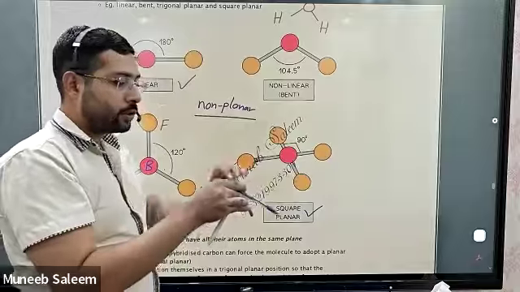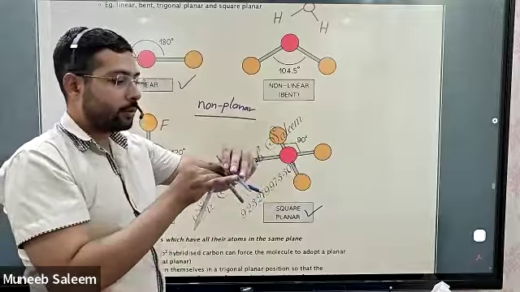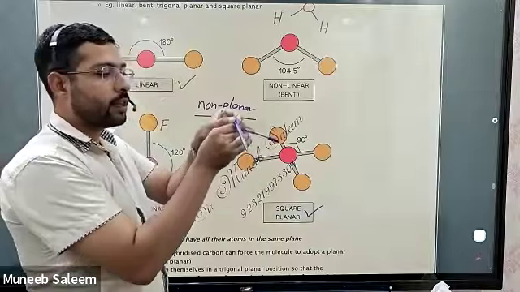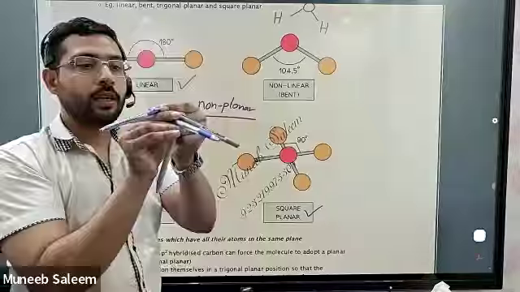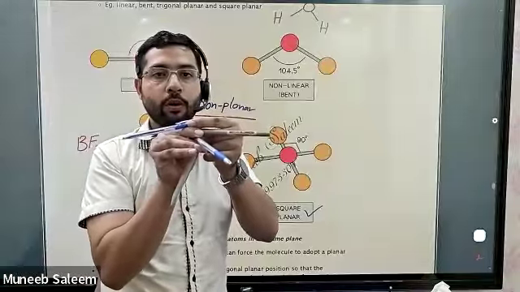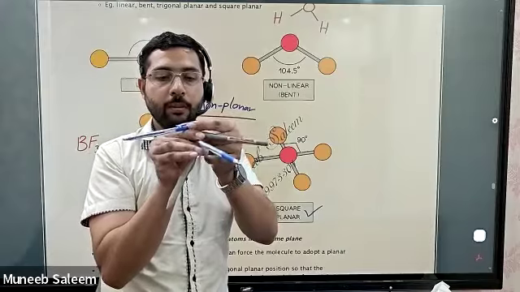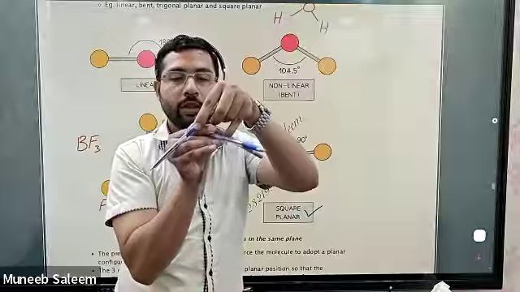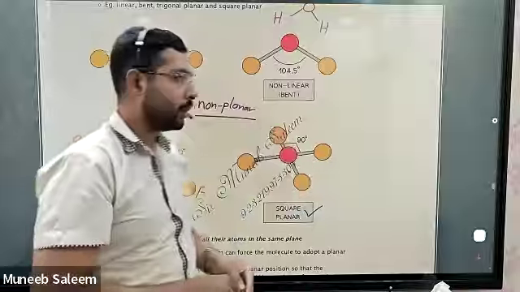And tetrahedral, which you learned, is also non-planar because in that case the fourth bond was present in this direction. So you can see that there is no way by which a single plane can pass through the four bonds or four atoms at the same time. This is the shape of the tetrahedral.